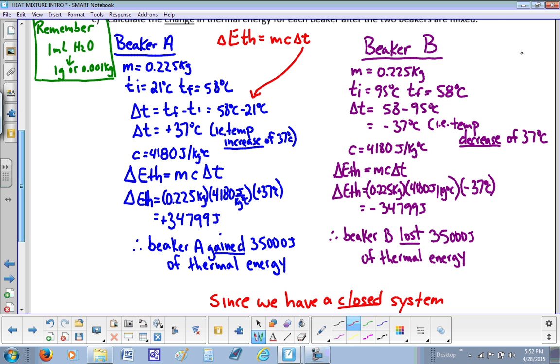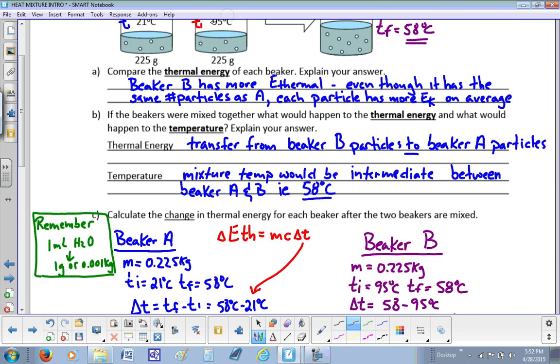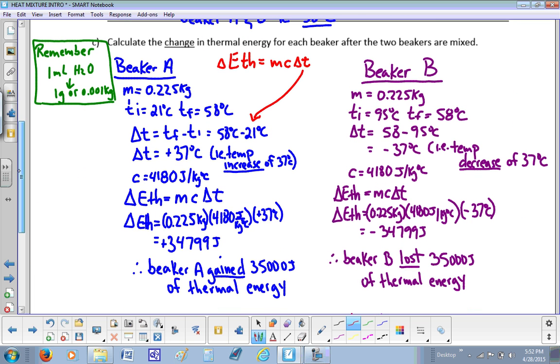Now beaker B, remember, it was a little different. It had the same amount of water, but it was at 95 degrees Celsius. So what happened here is the temperature is going to go down. We have a temperature decrease of 37 degrees. So when you calculate the energy change, it's going to be the mass times the specific heat capacity times this temperature change, which gives you a negative change in energy.